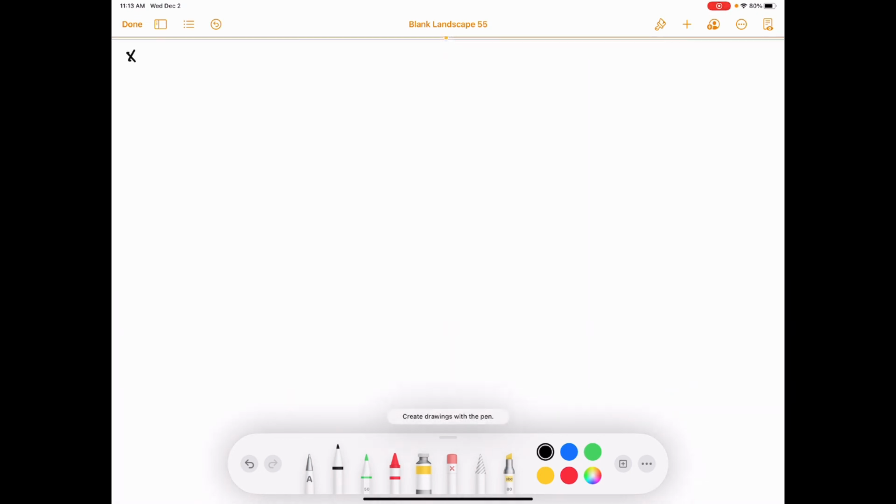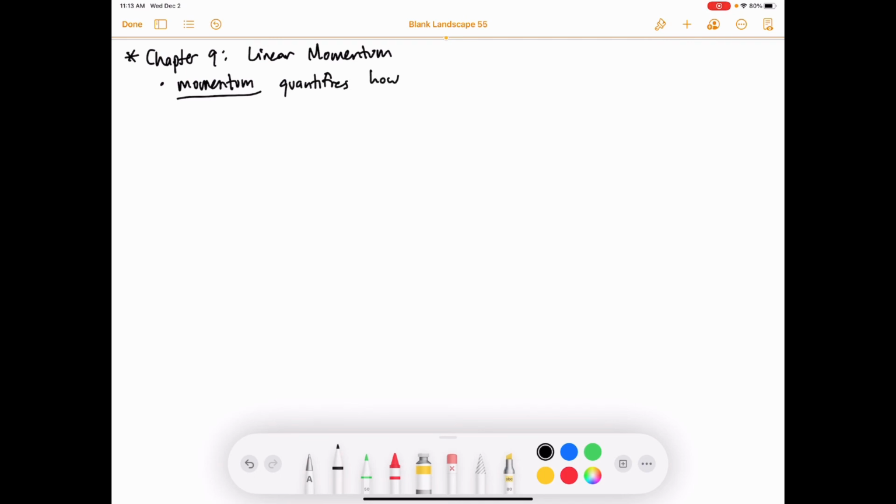So next we move on to chapter 9, which is all about linear momentum. So we'll start with the definition. What is momentum in the first place? Well, momentum basically quantifies how difficult it would be to bring an object to a stop.